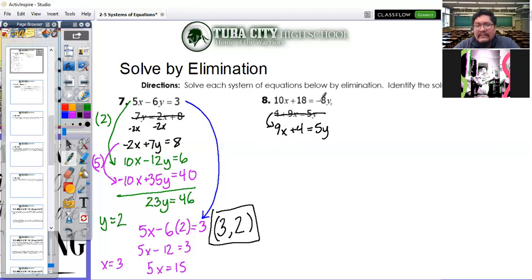So actually, I think it'd be a little bit easier to do y, because one is already negative. I already have one of them that's a negative. So I'm going to go with y. So I'm going to take this top one and multiply it by 5, so I don't need to multiply by any negative numbers. Take this bottom one here and multiply this one by 8.